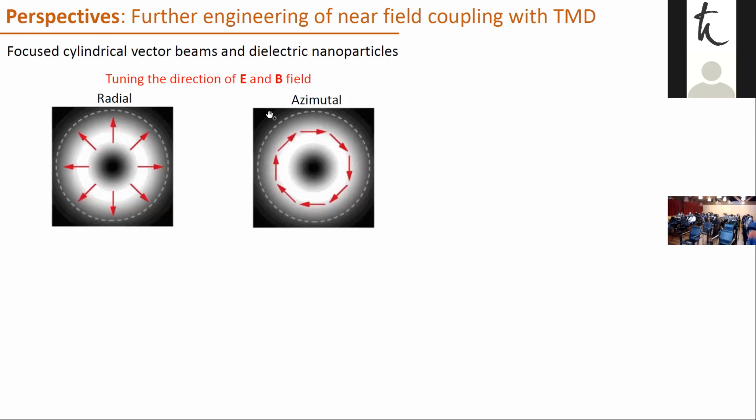Two of the special beams that we use are the radial configuration, where the electric field is oriented all this way on the beam, but when you focus it, you will make an electric field sticking out of your plane when you're shining from the top. And for the azimuthal, this is a rotating electric field, so it's the magnetic field that will stick out.